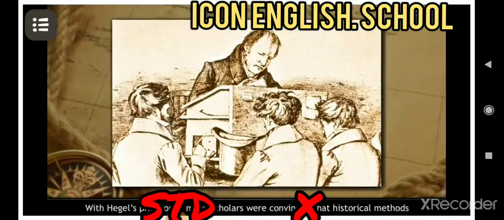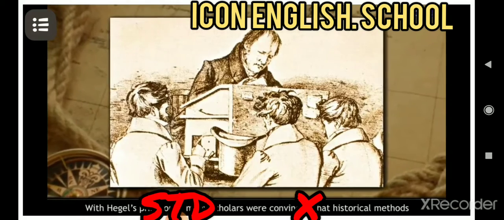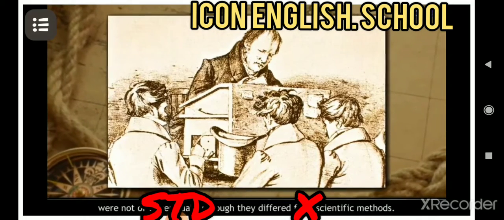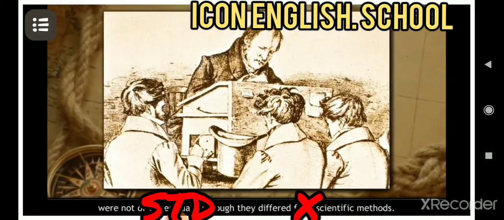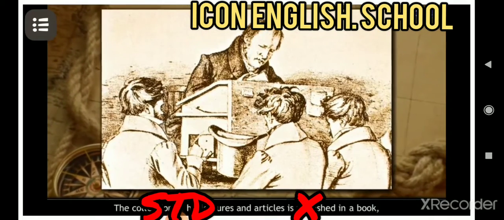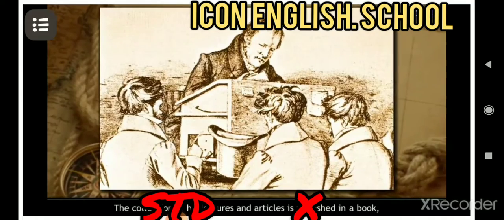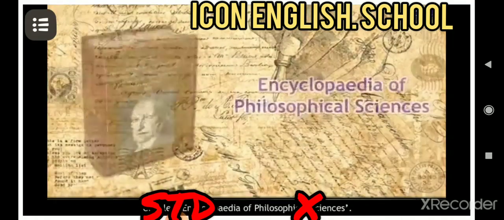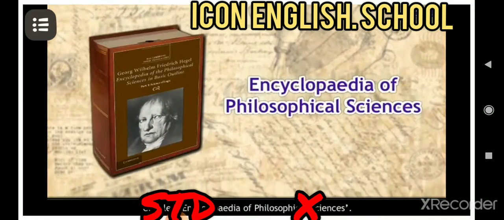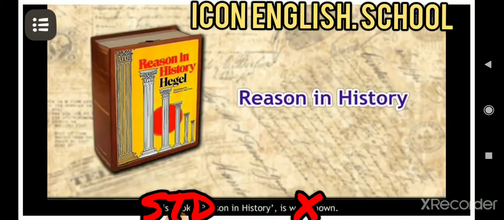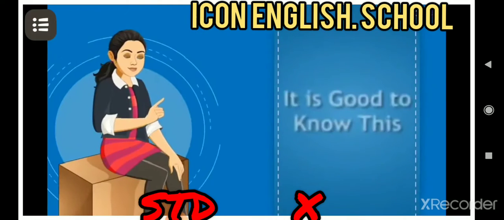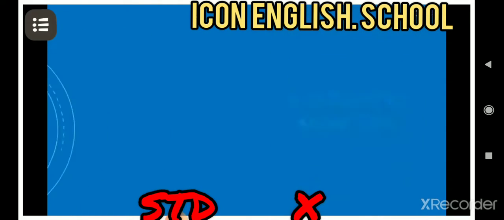With Hegel's philosophy, many scholars were convinced that historical methods were not of lesser quality, though they differed from scientific methods. The collection of his lectures and articles is published in a book entitled Encyclopedia of Philosophical Sciences. His book, Reason in History, is well known.